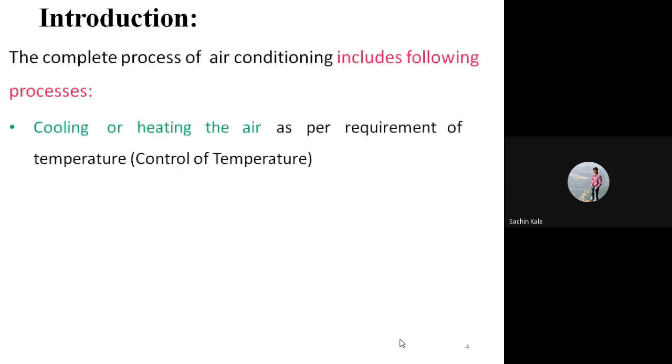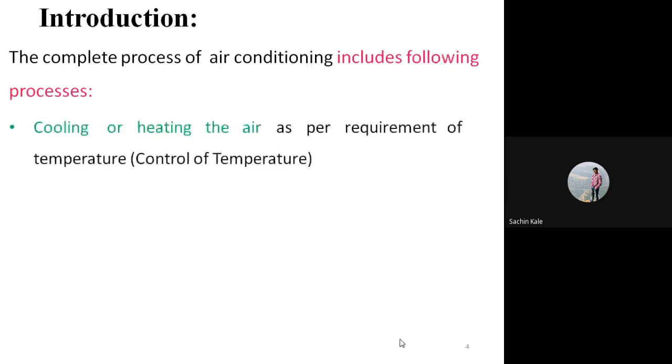For human comfort, we require to maintain the effective temperature in the range of near about 18 degrees centigrade to 22 degrees centigrade. If we maintain the effective temperature in that range, we obtain conditioning of the air for human comfort purpose.